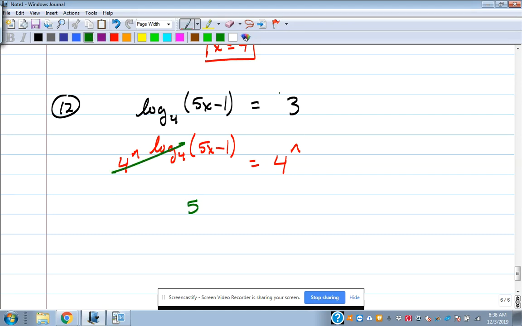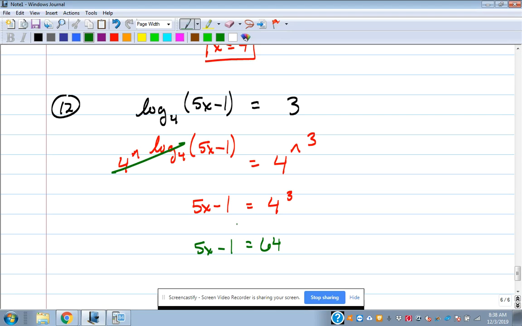And that gives me the exact same equation as I got before. Either way works. What's 4 cubed? 64. Solve that equation like old Algebra 1 stuff.